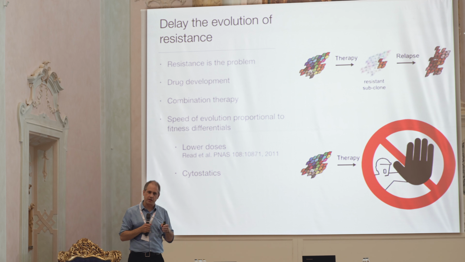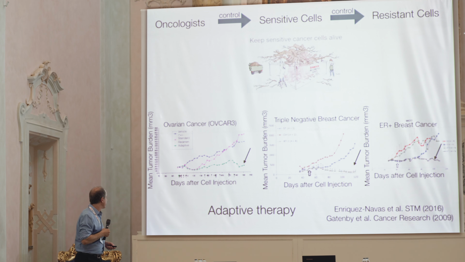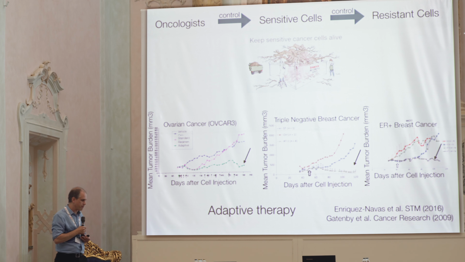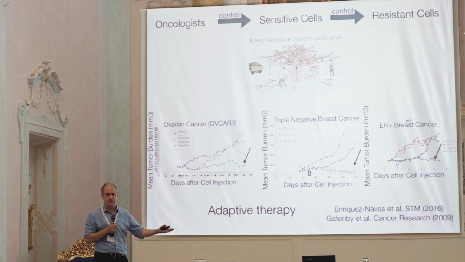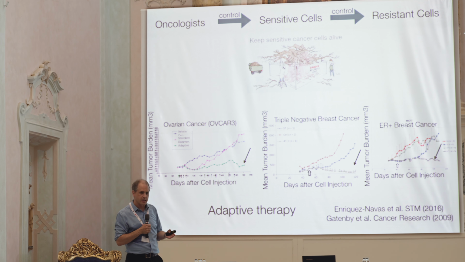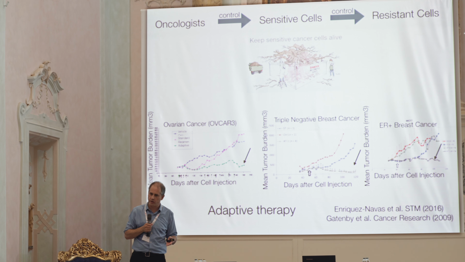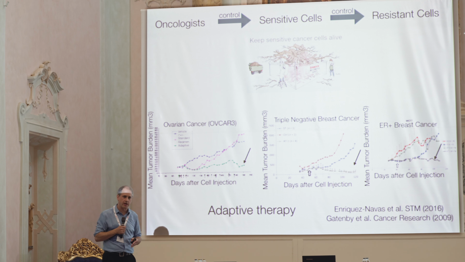The fact that we've been focused on killing the cancer cells has meant that we haven't been paying attention to ways of living with cancer or preserving life in other ways. So Bob Gatenby had this idea from pest management, where they have the same problem. You spray a field with pesticides and you select for resistant pests. They've learned that the best way to manage resistance is to keep sensitive pests around, to not go for eradication, not go for a cure, but just try to maintain control over the population.